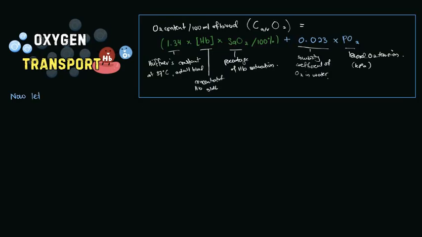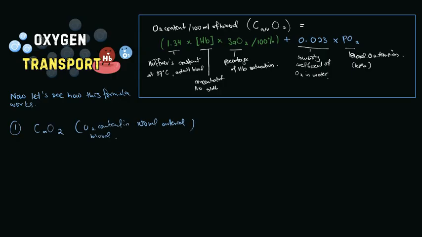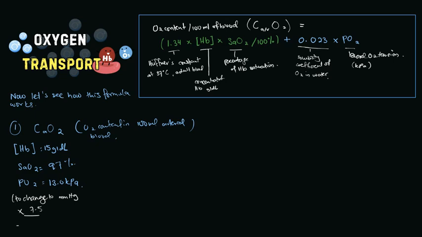Now that we have gone through the equation and understand it somewhat, let's see how this formula works. We are going to take CaO₂, where the a stands for arterial blood. You have a typical hemoglobin value of about 15, saturation of oxygen 97%, and PO₂ of 13 kilopascals. To change the unit to millimeters of mercury, you multiply the value by 7.5.